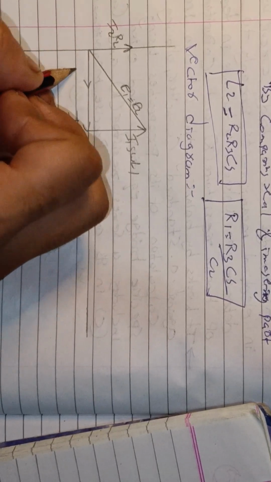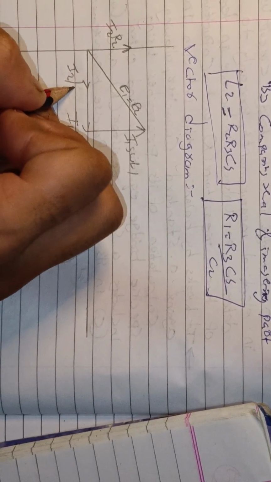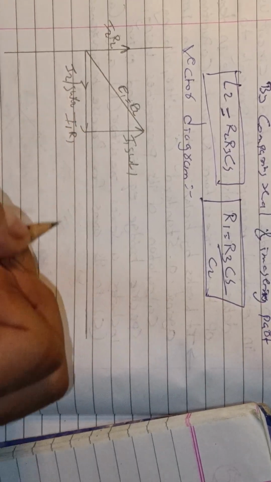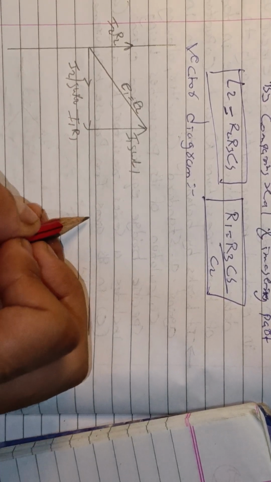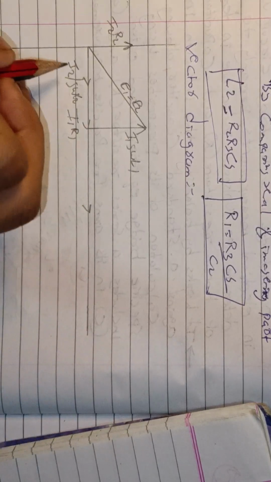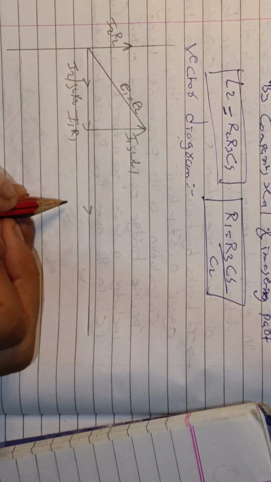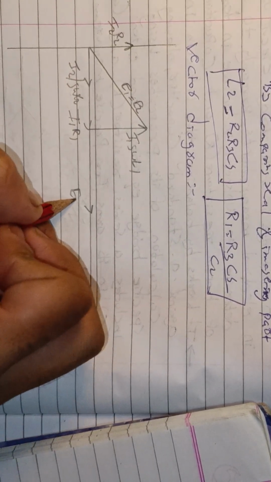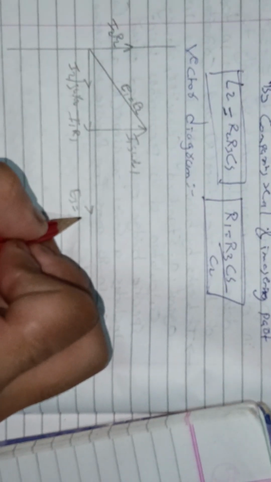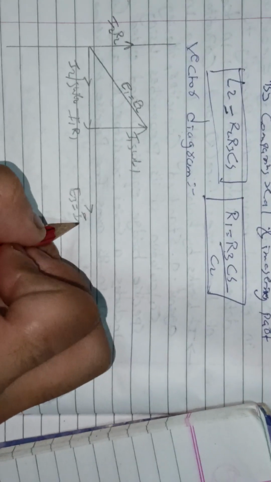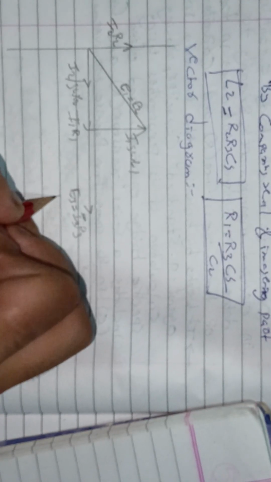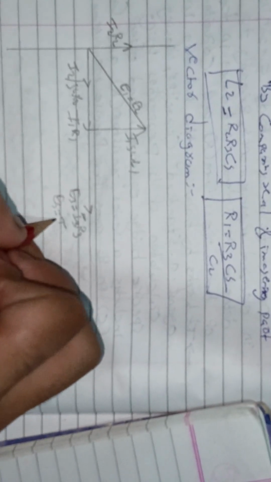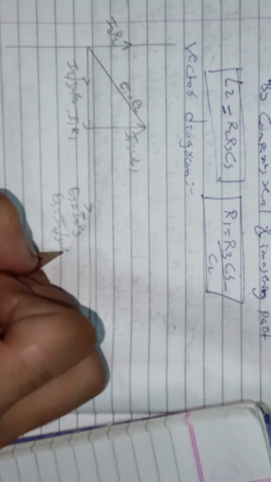So I2 by j omega C2 will be 90 degrees lagging. In the same phase, we will get E3, which is the I3 R3 drop. E3 equals E4 equals I4 by j omega C4.